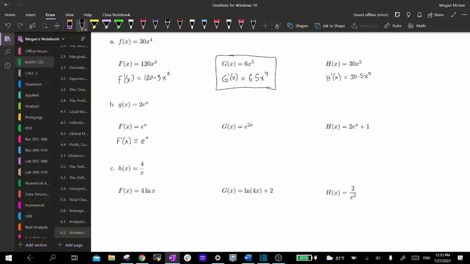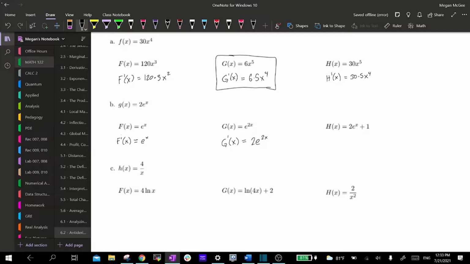It's just e to the x. How about the derivative of g of x? All right. Well, in this case, we have an exponential rule that says we pull the 2 down, but then we leave everything else the same. So we have 2x up here. Again, pretty close, but not exactly correct.